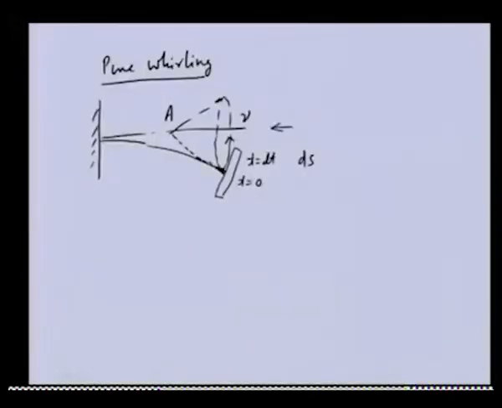So let us say when we are looking from this side, the whirling direction is counterclockwise. After some time the disc will reach from this bottom position, which is C, to, let us say, a position which is C prime. So that will be inside the screen.